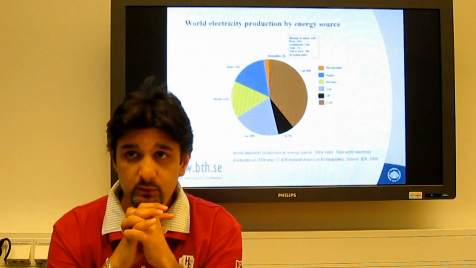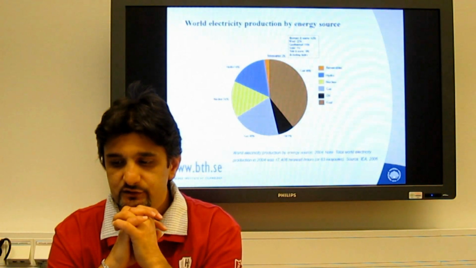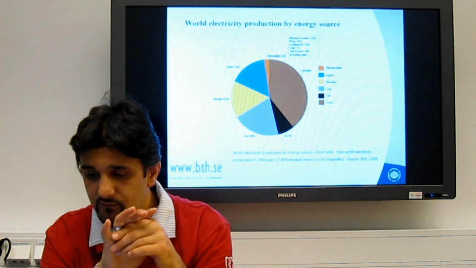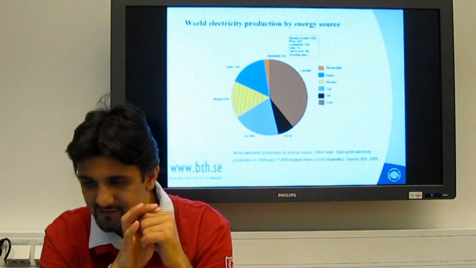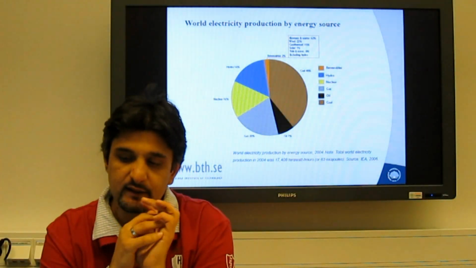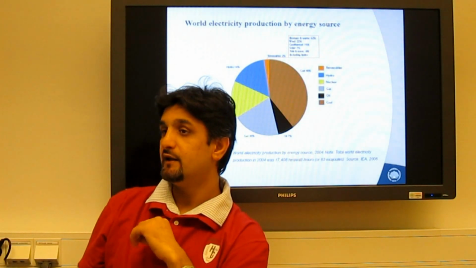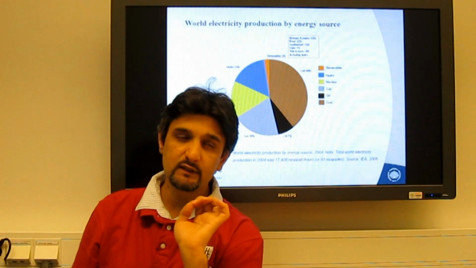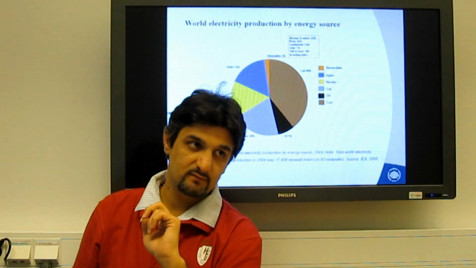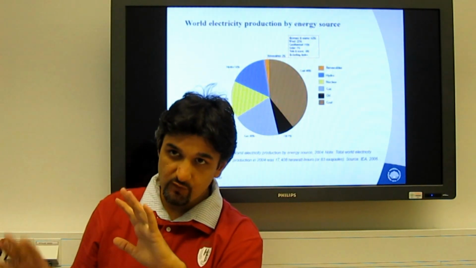And for renewable energy in electricity production, tide and waves are 0%, solar 1%. So this is the electricity production by energy source. As you can see, we need a very, very big change in our system in order to find it.